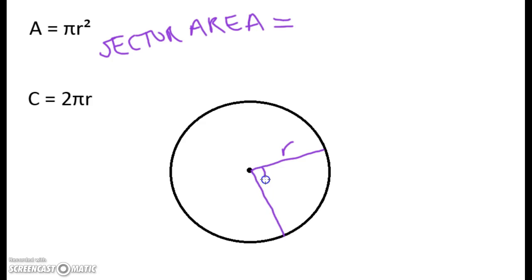So for instance, if I say this angle is 80, and I ask you to find the area of this sector, the area of this section of the circle, I don't want the area of the whole circle, I want the area of just this little piece.